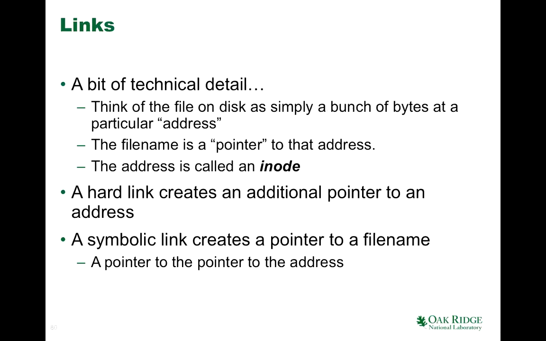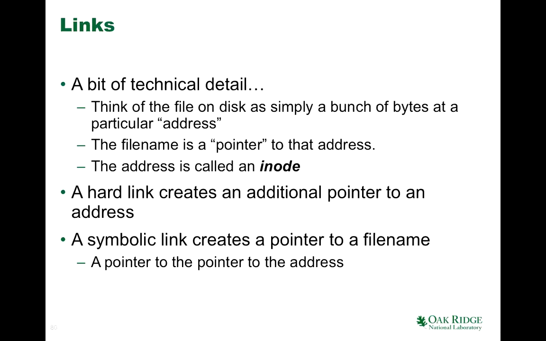To understand what links really do, it helps to have a little bit of technical knowledge of how the system actually stores things. You can think of a file stored on a disk as simply a bunch of bytes, a bunch of zeros and ones at some particular address. The name of that file, the thing that we interact with when using the system, is a pointer to that address.